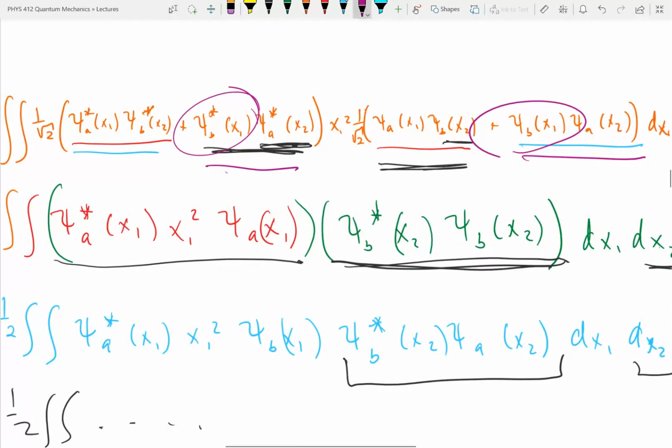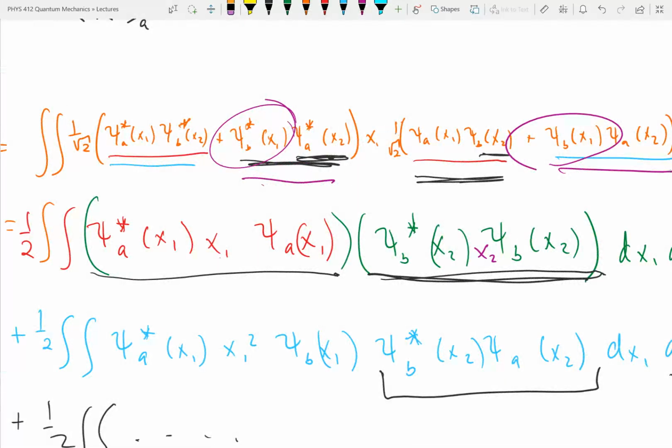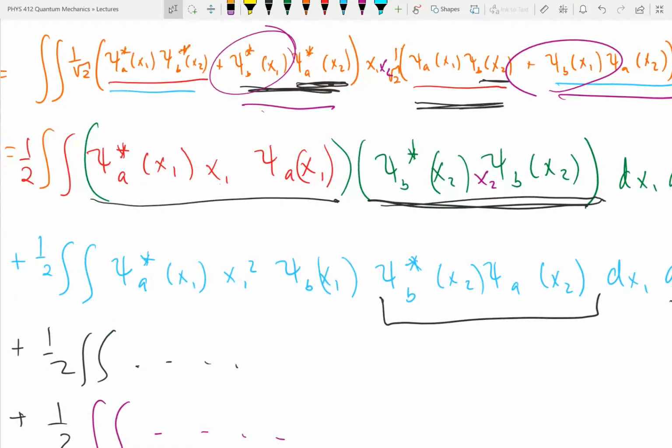So if we do x1, x2, when we do this, instead of having x1 squared here and nothing there, it's going to be an x1 here. So I'm going to be an evil person and shift this. Well, if I do this, what's this integral right here? Yeah. The 1/2's out front, but right now I'm focusing on that.